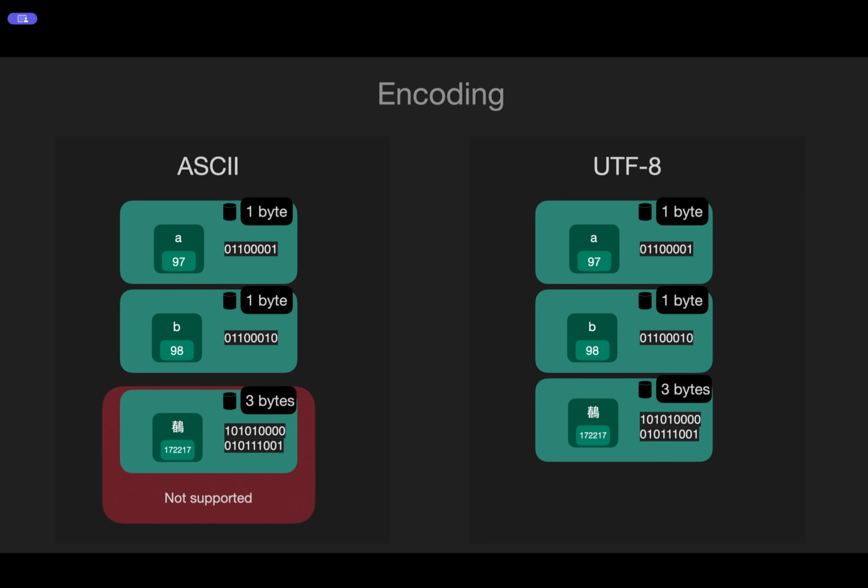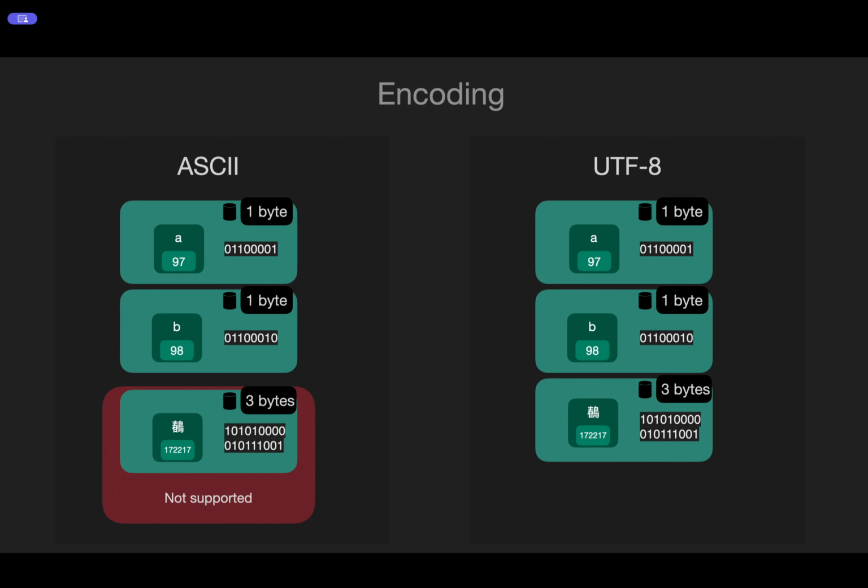ASCII will store everything in 1 byte because it doesn't support larger numbers. For example, ASCII doesn't have this Chinese, Japanese, Korean character because it cannot store this huge number, since it will take 3 bytes minimum. But Unicode does support these characters, and this is where various encoding standards come into play.